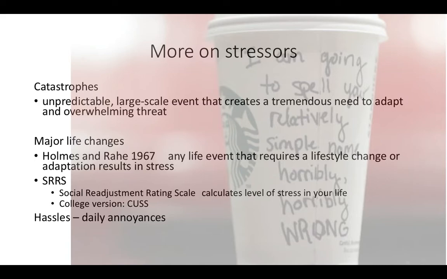And what's interesting is, while the SRRS can predict how big of a life crisis you are in, which is a big predictor of your risk of illness or actually having an accident, the Hassle scale is more likely to predict short-term problems like getting a headache or a backache or cold or infection. But the SRRS is by far the more important scale.